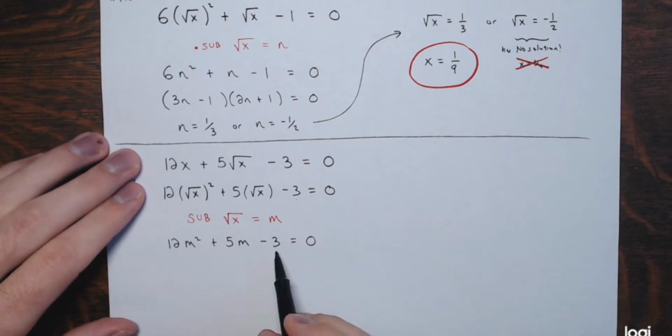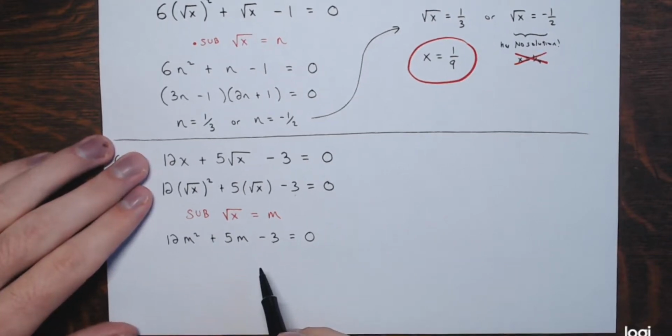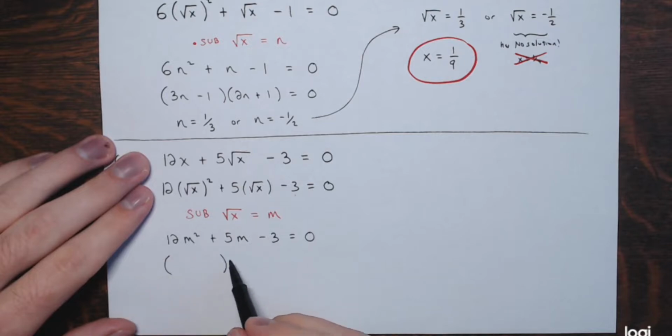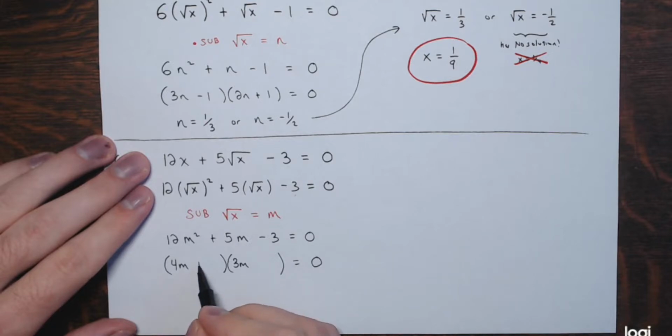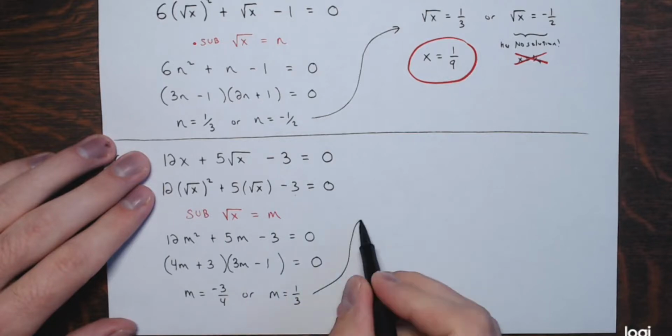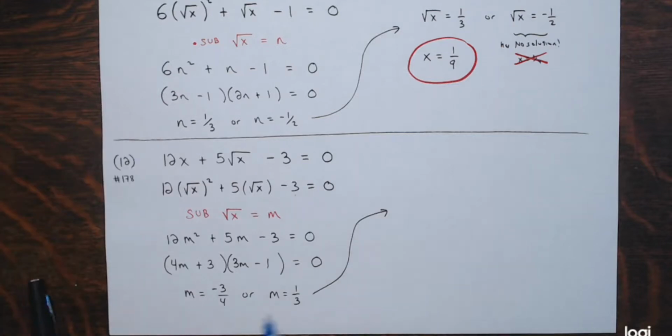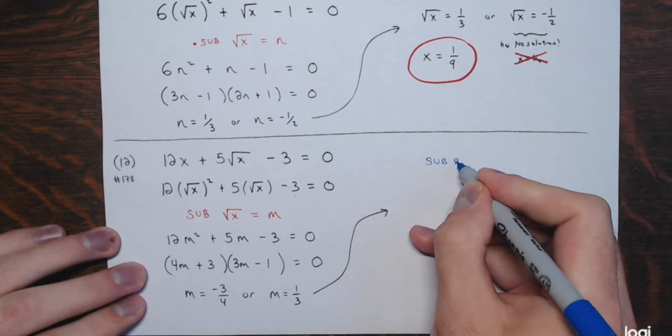This is another factorable polynomial. It would factor to 4m plus 3 and 3m minus 1, that would be 9m minus 4m for the 5m, and then you've got minus 3. So the solutions here are negative 3/4 or positive 1/3. Then we're going to sub back and solve for the original variable, solve for x.